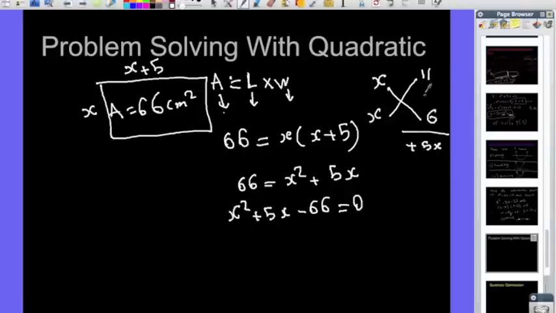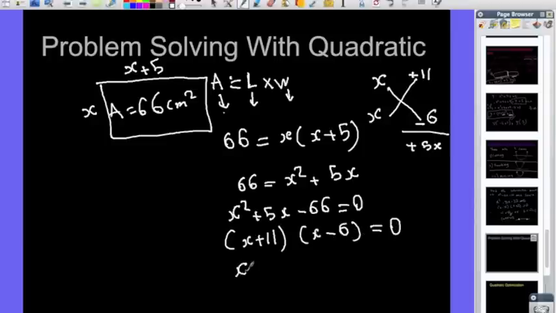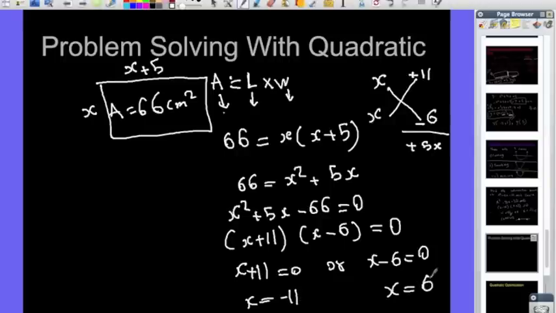It does. This can be plus and this can be minus. So it would be x plus 11 and x minus 6 equals 0. So x plus 11 equals 0, or x minus 6 equals 0. So x equals negative 11 and x equals 6.